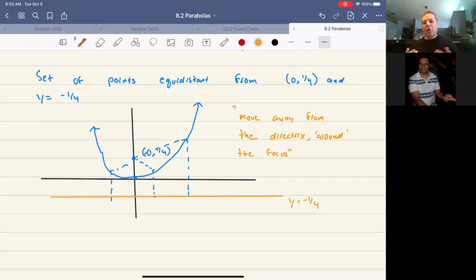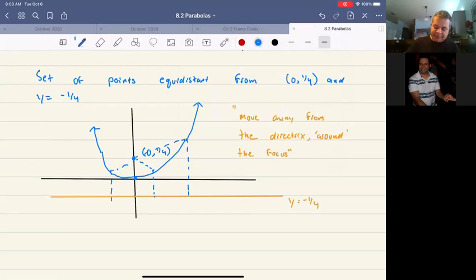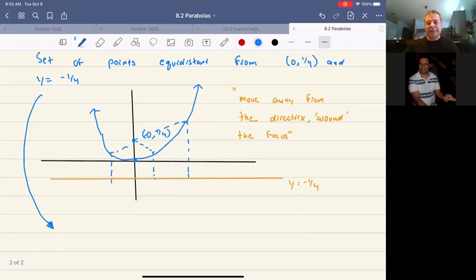It's just a way to remember how it's going to move once you're given this information. Let's take a look and see algebraically that this gives us what we want. So let's take the distance formula.